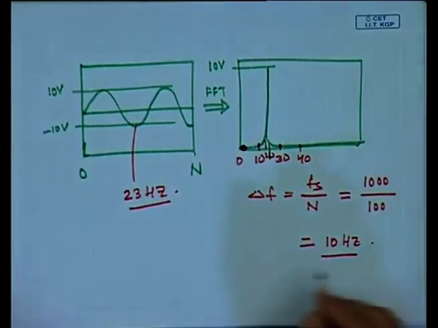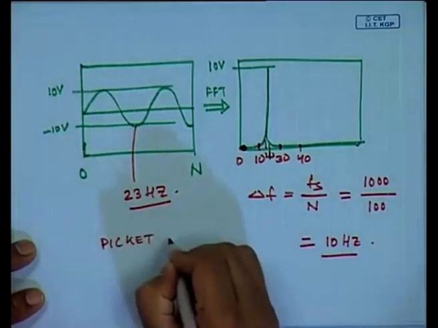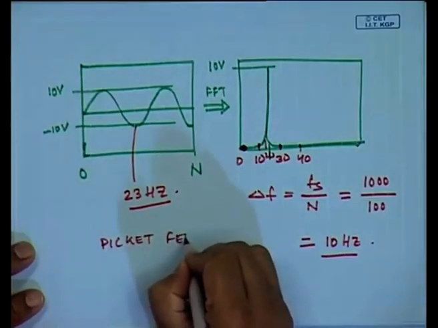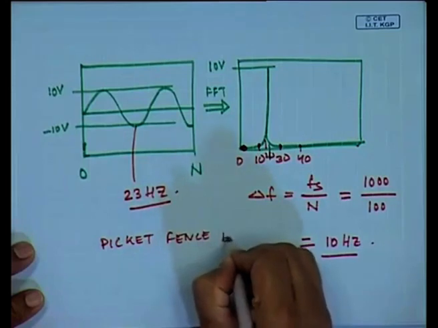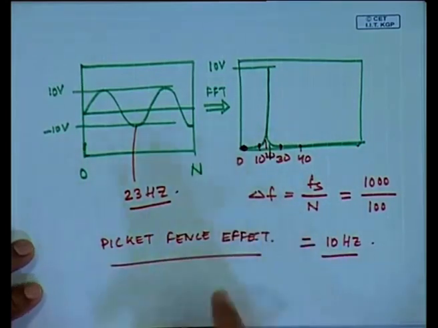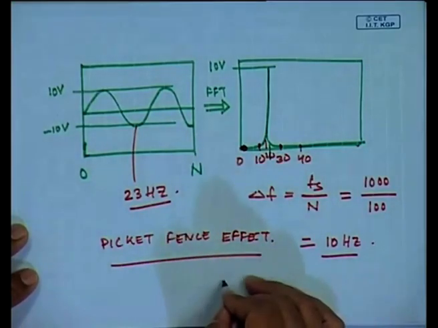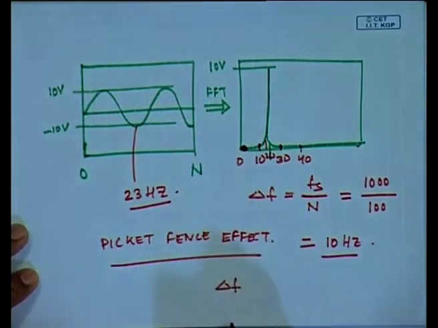This is what is known as the picket fence effect. That means, I have inadequate frequency resolution in my signal. So, to overcome this, I need to have my frequency resolution very fine.